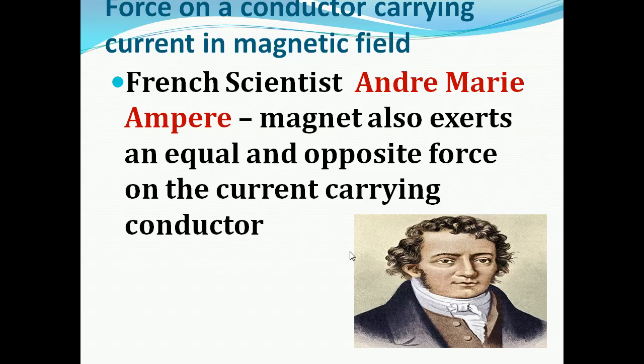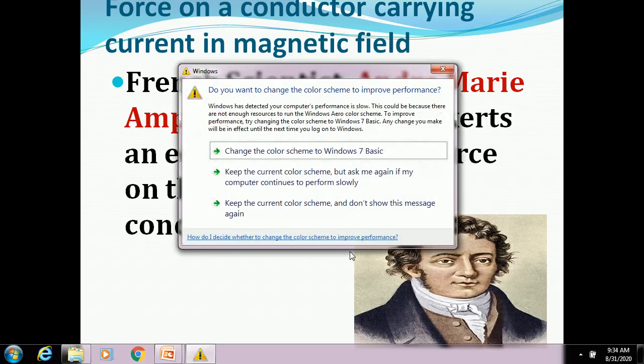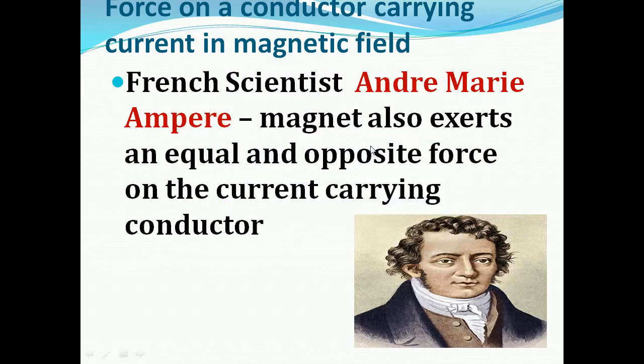Ampere suggested that, in the same way, a magnet must also exert an equal and opposite force on the current carrying conductor.